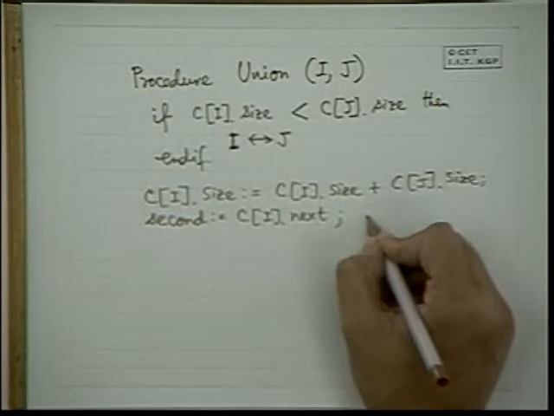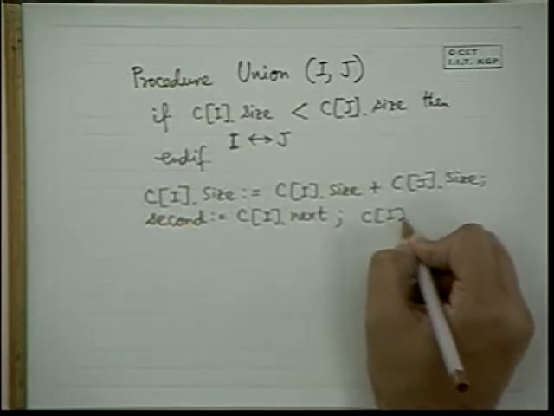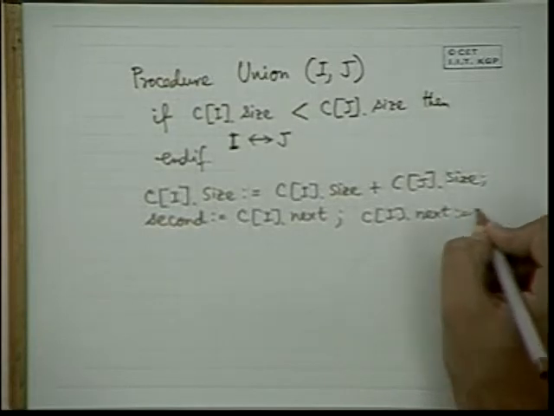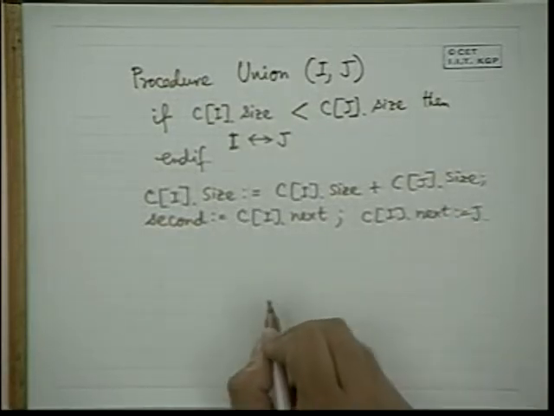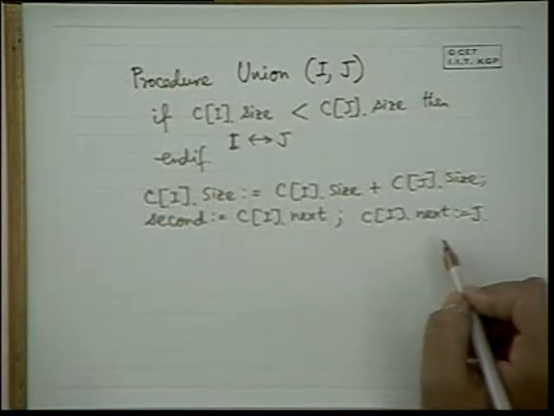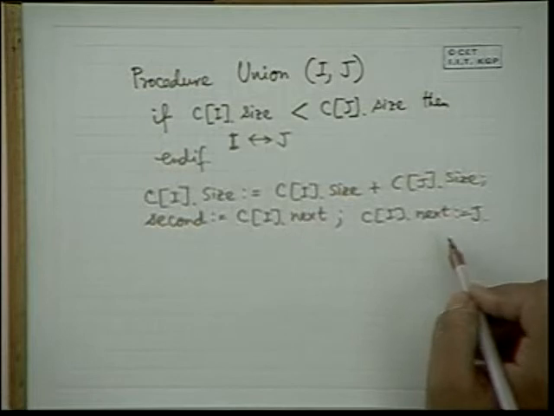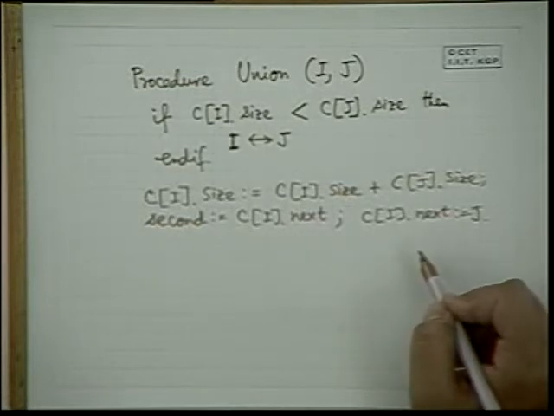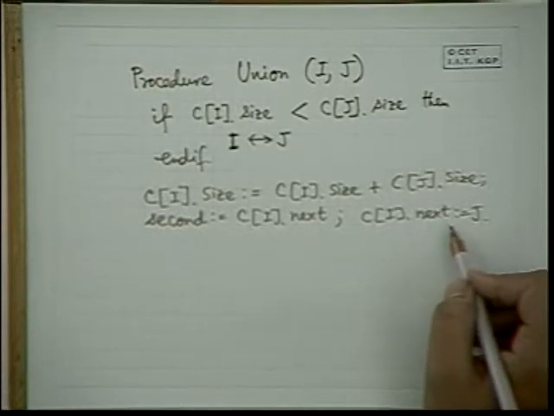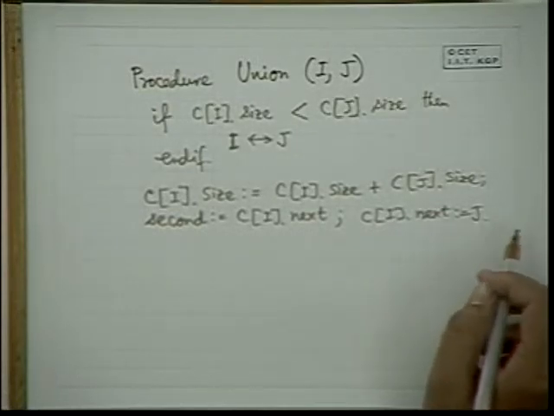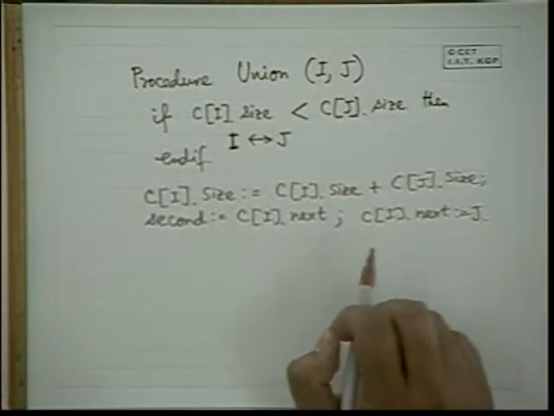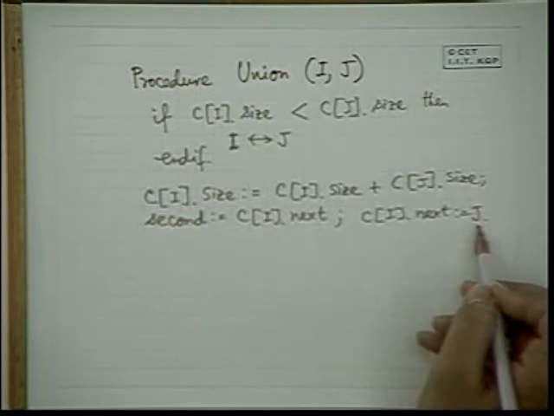Now Ci.next is set to the index j. j is the index for the representative element for the set j. So Ci.next now starts from its own element to the list which is representing j.